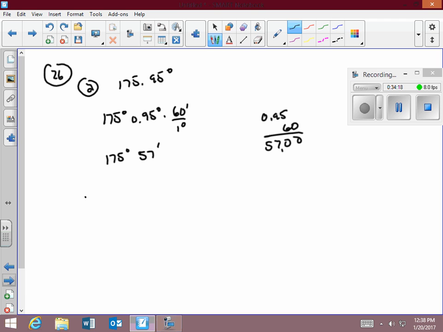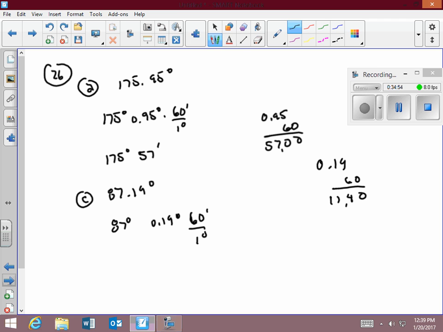I'll do C. I mean, it's the same process, 87.19 degrees. So you go 87 degrees and you go 0.19 degrees, and then you'd have 60 minutes over 1 degree. I don't know, for me, if I don't do that unit cancellation, I invariably will run it out wrong.